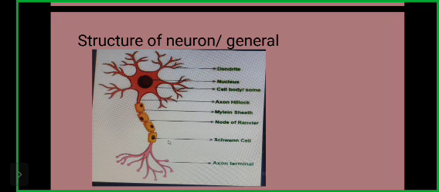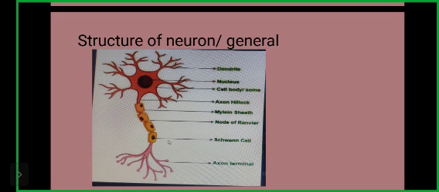And we can have those structures that cover that line. And those parts are known as the myelin sheath. Right? So they are called the myelin sheath, and we'll see their function.